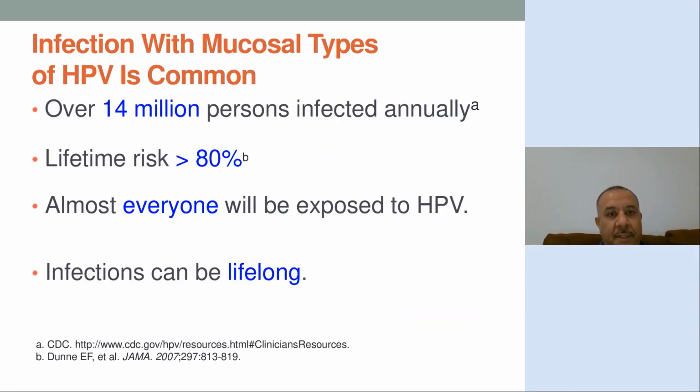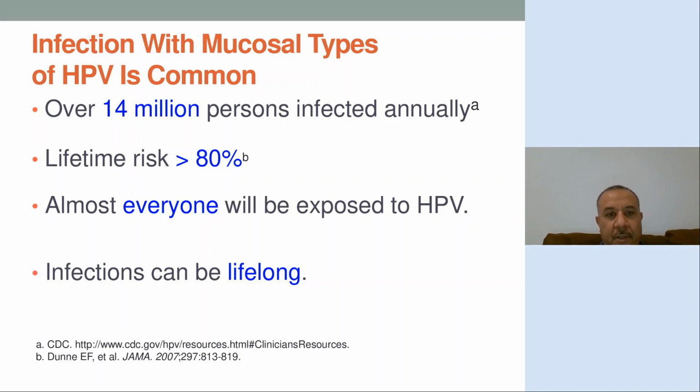Now, to have an idea of the burden of the human papilloma virus, these statistics are from America. Around 13 million persons are infected annually by human papilloma virus. For humans in general, the lifetime risk is more than 80%.